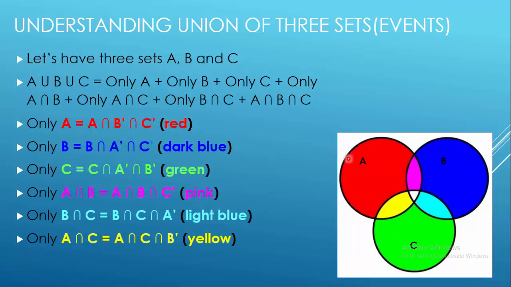The union of A, B and C is simply this red only A area, this blue only B area, this green only C area, this yellow area, which is only A intersection C, this light blue area, which is B intersection C, this pink area, which is A intersection B, and then A intersection B intersection C. When we add up all these areas, we will get A union B union C.